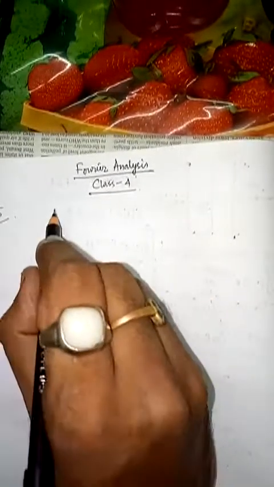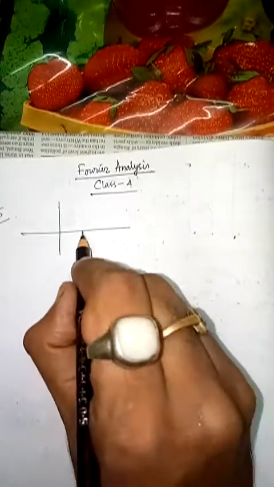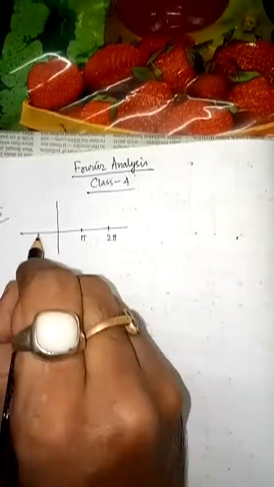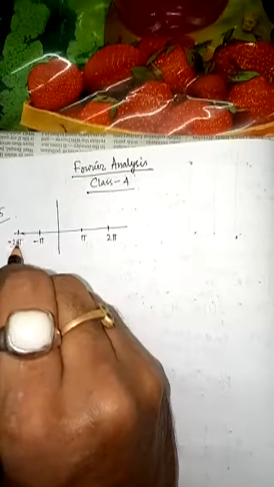Just imagine there is the axis, and this is pi, this is 2 pi, this is minus pi, this is minus 2 pi, this is 0.